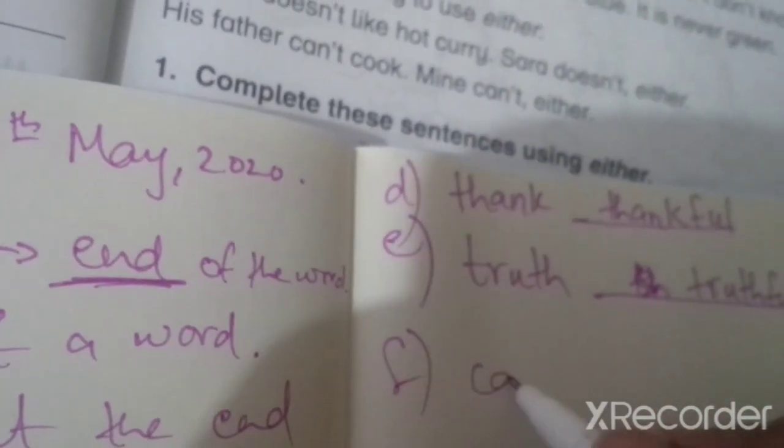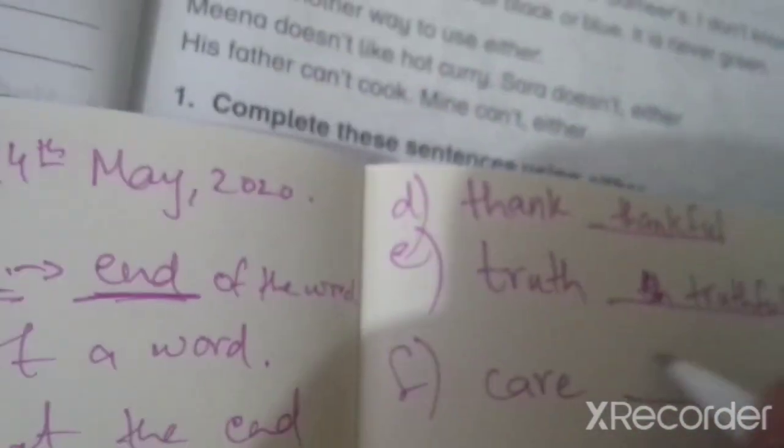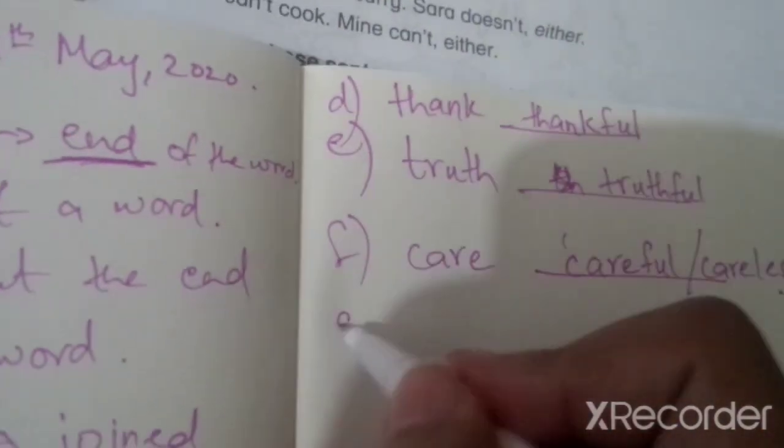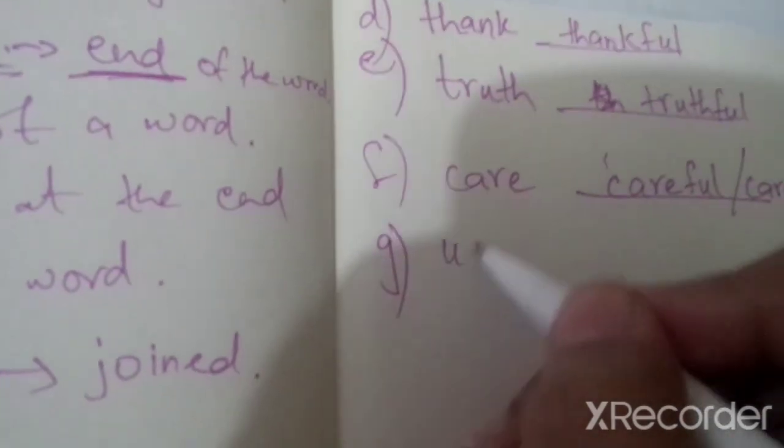F part is care. We can make two adjectives with care by adding full and less both. So first time we'll add full, and the next time we'll add less, and we'll have two adjectives, that is careful and careless. G part, use.